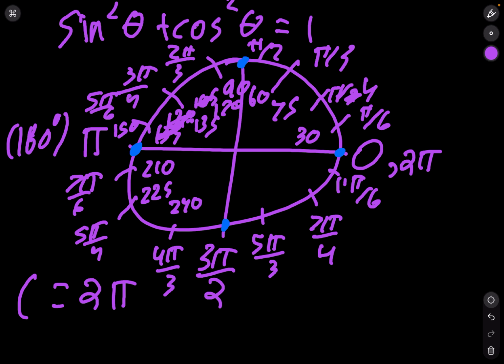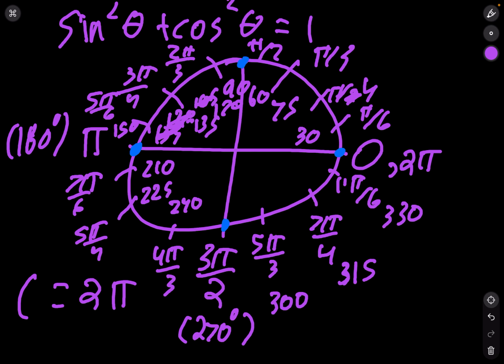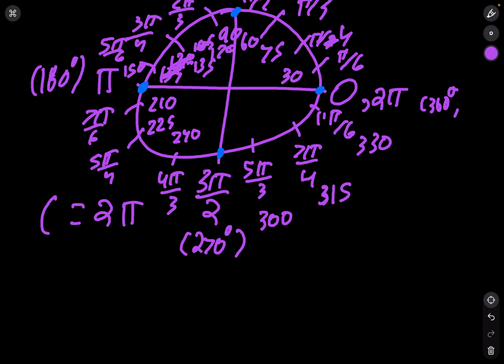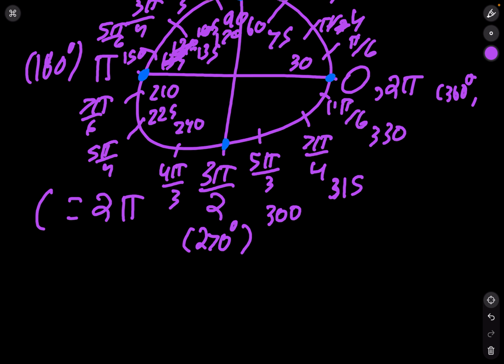Then from there we add 30 degrees again, so this would be 120, 135, this would be 150, add 5 pi 6, and then pi would be 180 degrees.